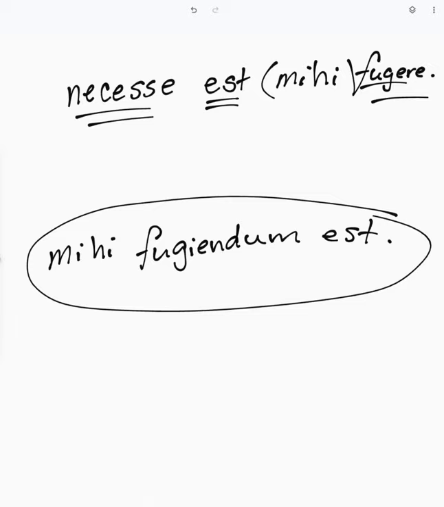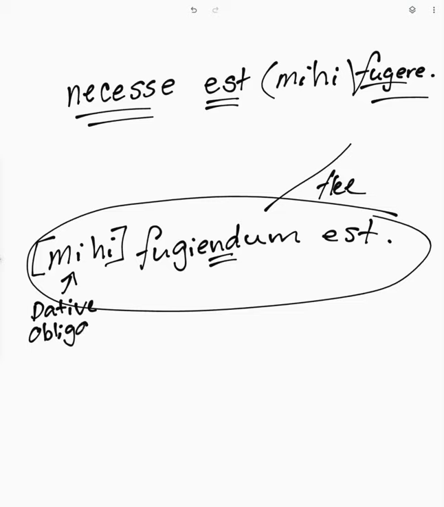So when we take a look at this, we can see fugiendum comes from fugere, meaning to flee. We can see that this is a gerundive, but what does that actually mean? And we have mihi over here in the dative. Well, this is called a dative of obligation. Any dative that's going with a gerundive is called a dative of obligation. It's showing who must do the action.